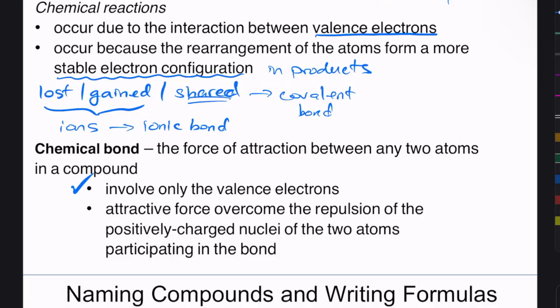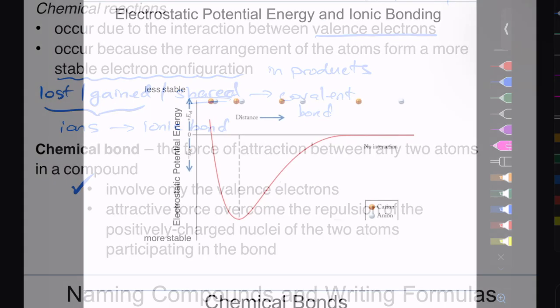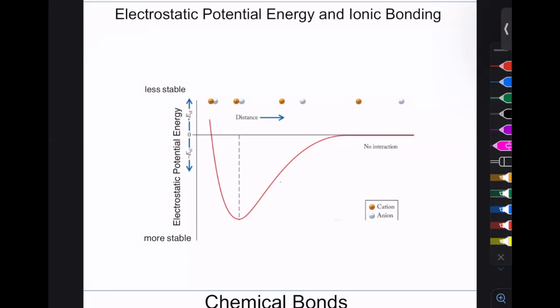A positively charged nucleus. Positive charges don't like being close together. So there's going to be a trade-off between the attractive force of the chemical bond and the repulsion of the positively charged nuclei when they get too close together. So we're going to take a look at that in just a moment. All right, so we've got the chemical bond, and we've got a balance between the attraction that results from the stability gained, and you've got this repulsion due to the nuclei getting too close together.